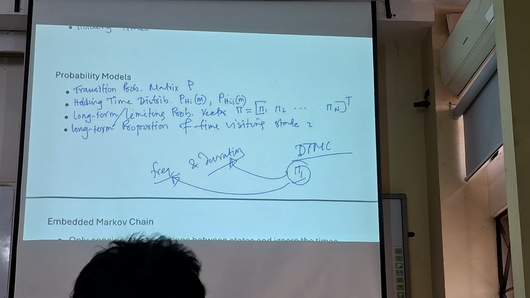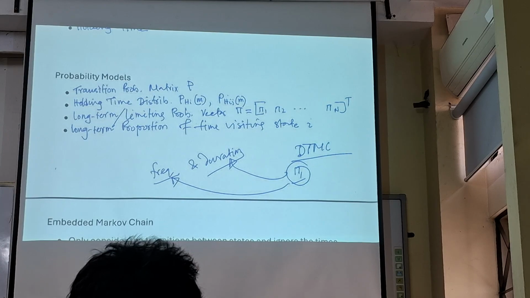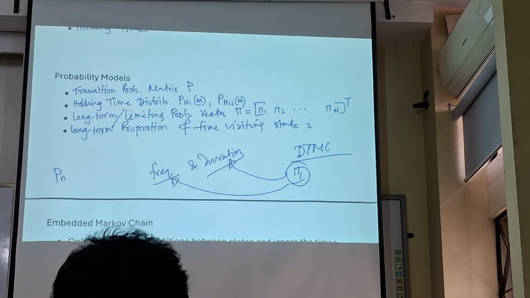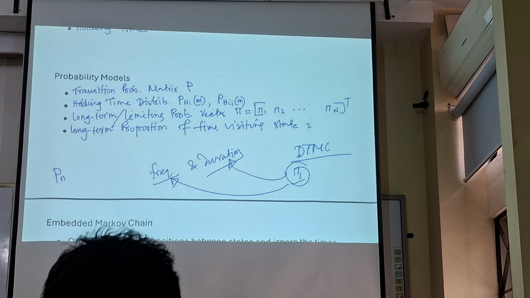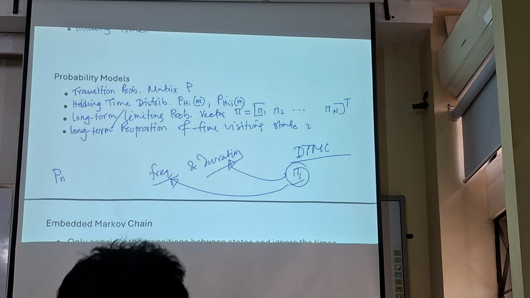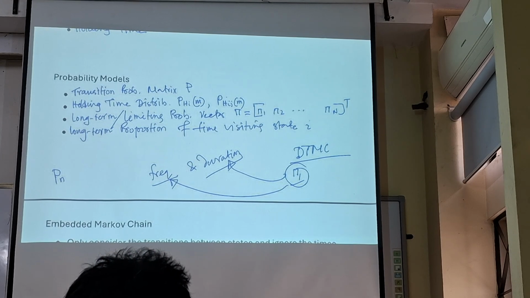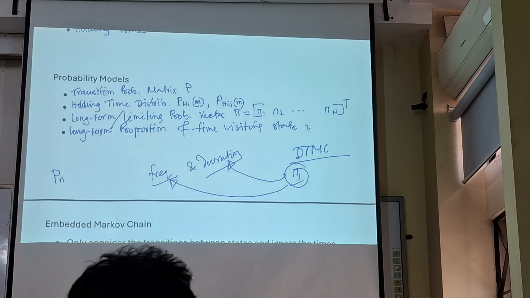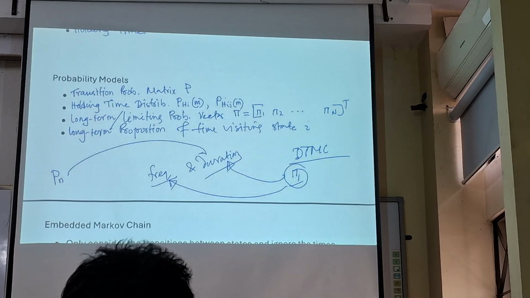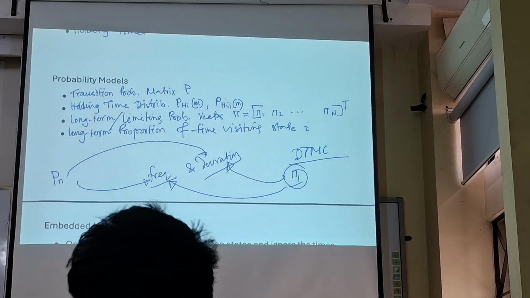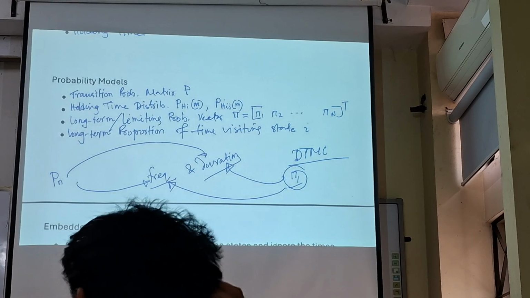Now, when you consider P_n, the long-term probability of the CTMC, what is the fraction of time the process will be in state N? Is it also true for the CTMC?